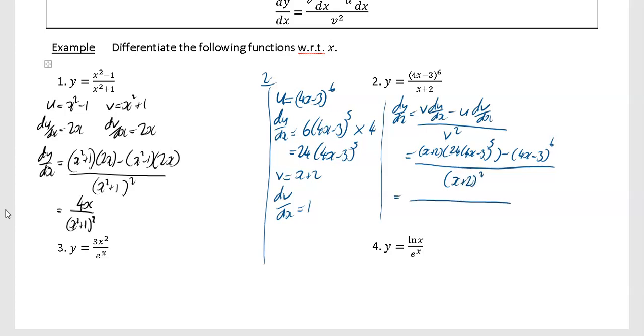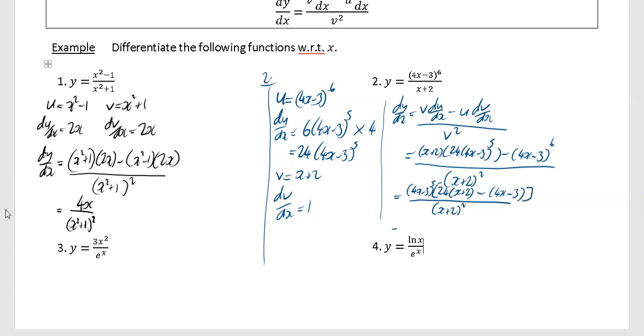Okay, good bit of tidying up to do here. Our x plus 2 squared stays on the bottom line. On the top line, what we can pull outside a bracket is 4x minus 3 to the power of 5. So we'll do a square bracket. What you're left with inside the bracket then is 24 times x plus 2 minus 4x minus 3, that's just the power of 1.